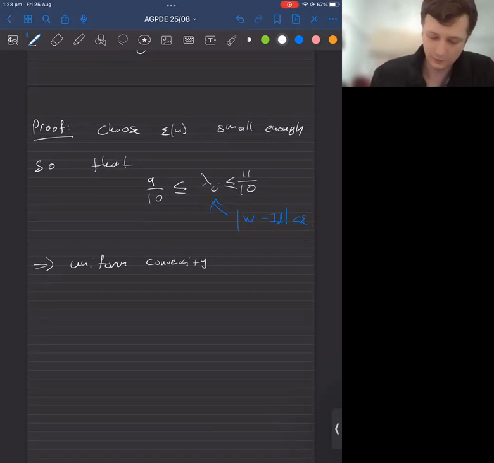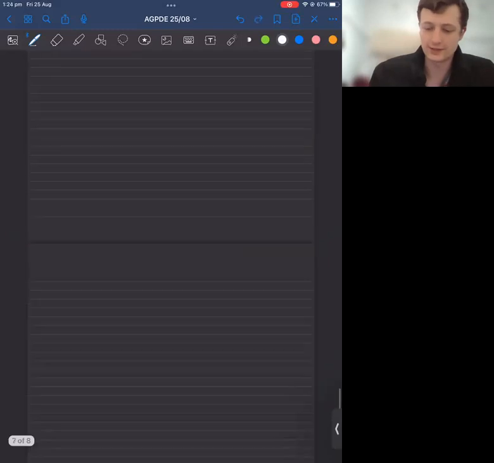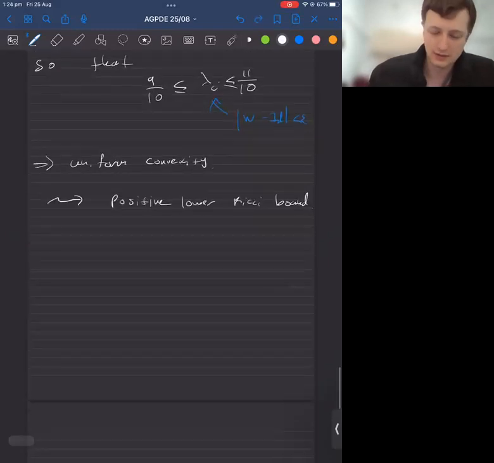And you argue from there that you have a positive lower Ricci bound. In fact, you can work out precisely what that lower bound is.